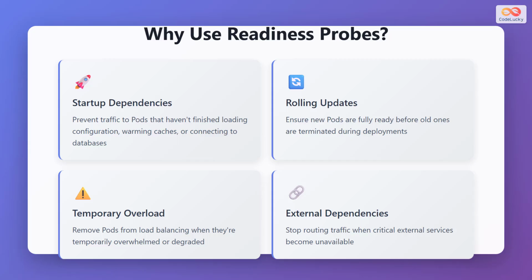Third, temporary overload. If a pod becomes overwhelmed or degraded, the readiness probe can remove it from load balancing until it recovers. Finally, external dependencies. When critical external services like databases become unavailable, readiness probes can stop routing traffic to pods that depend on them.